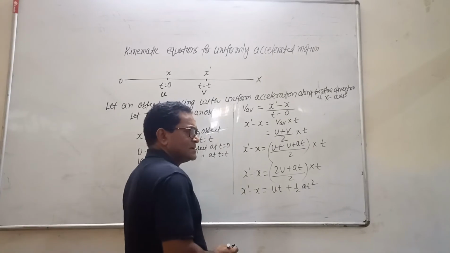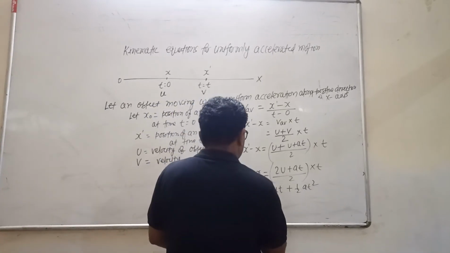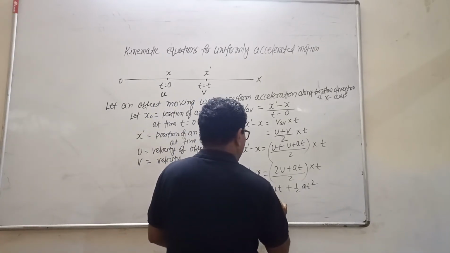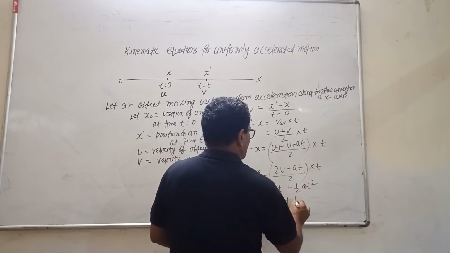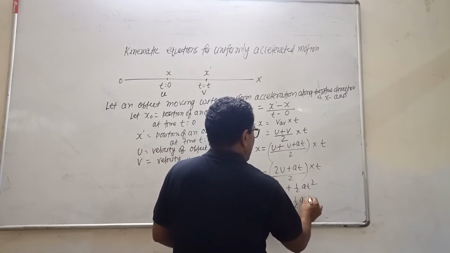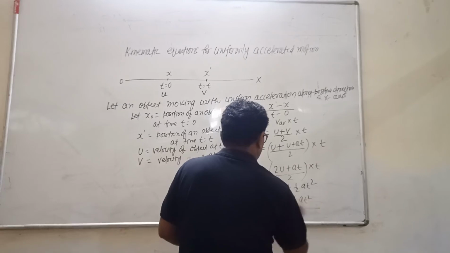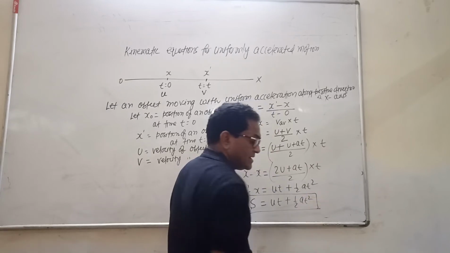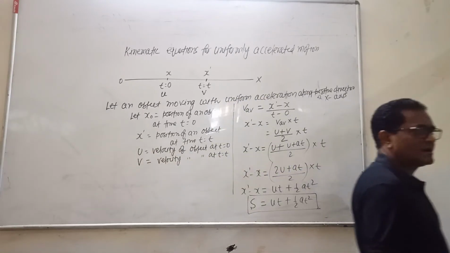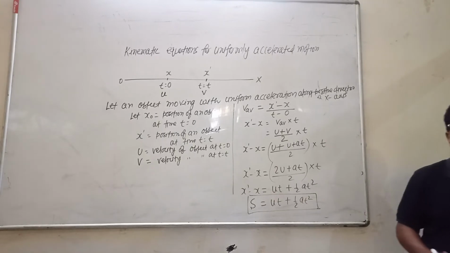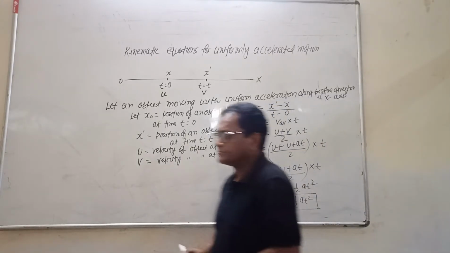And x dash minus x is the distance covered, which is given by s. So s equals ut plus half at square. This is the second equation of kinematics, or second equation of motion.